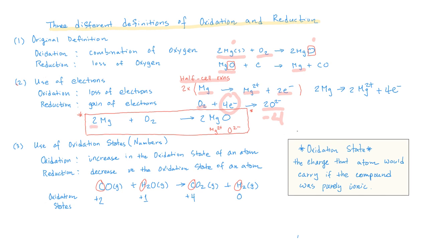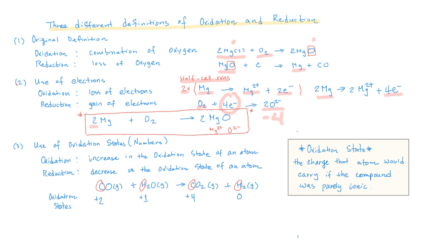The overall balanced reaction involves two magnesium atoms. For the half reaction, we can multiply by 2. Therefore, 2 magnesium atoms are actually losing 4 electrons.